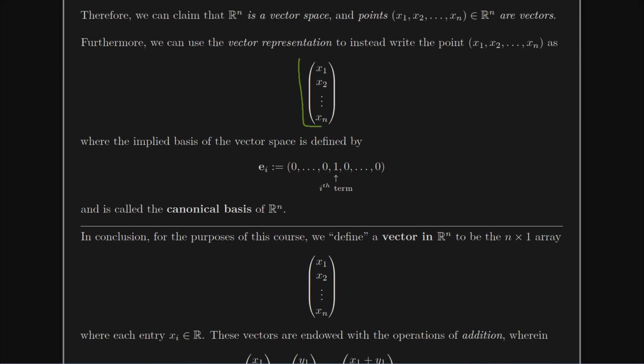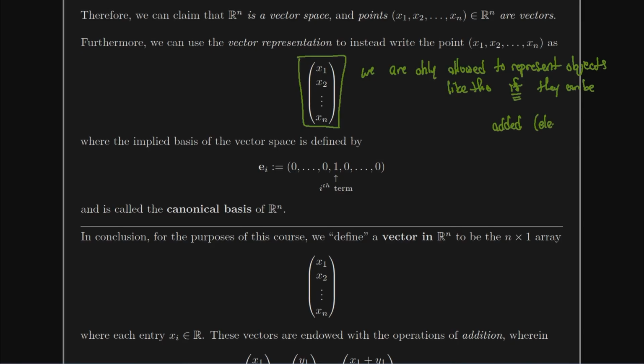We're only allowed to represent objects like this, or often we should only be allowed to represent objects like this, as a single column array if they can be added element-wise, multiplied by scalars, and include a 0.